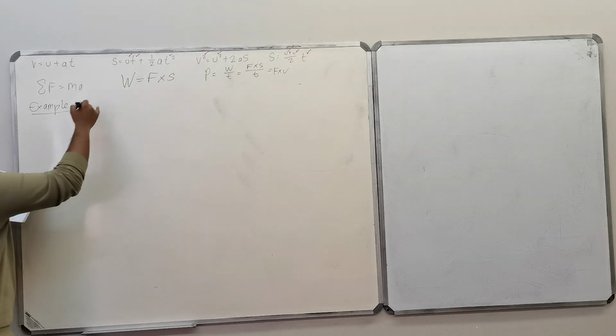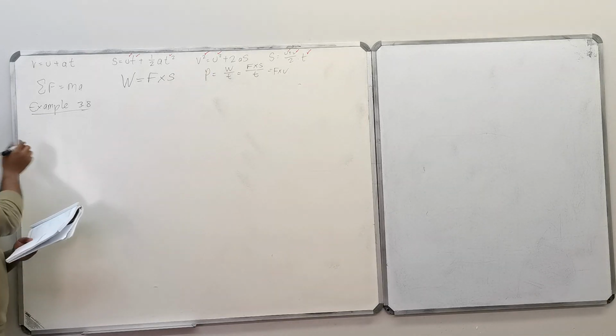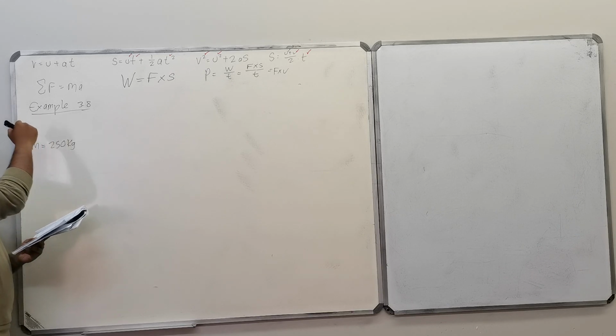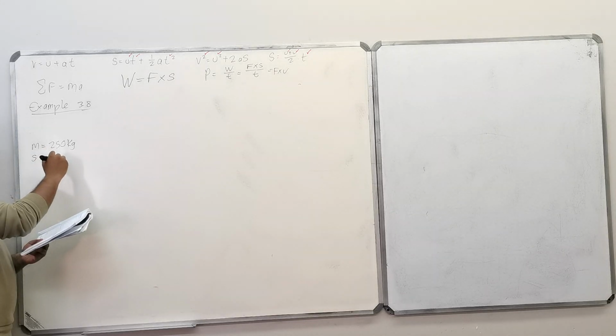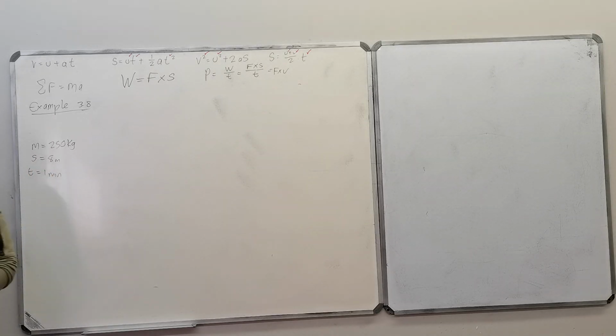Okay, let's do example 3.8. They tell you to calculate the average power exerted by an engine if it can lift a mass of 250 kgs through a vertical distance of 8 meters, and the time given is 1 minute. Let's understand the question. You've got an engine in a car and a crane that's going to lift it up.